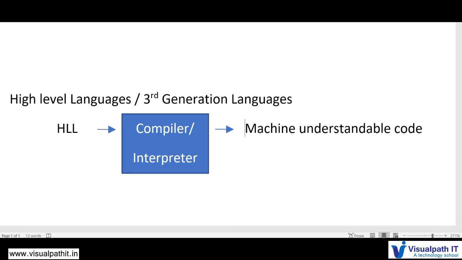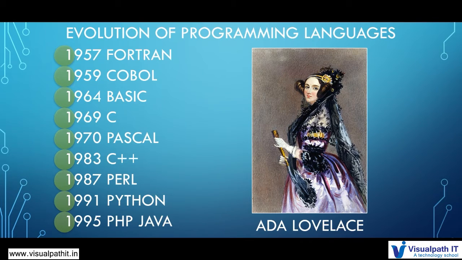So moving further, how the programming languages evolved. What we now see are the high level languages. So what was the timeline and how did it actually evolve? Programming languages, believe it or not, have existed for more than 200 years. Ada Lovelace is referred to as the first computer programmer.